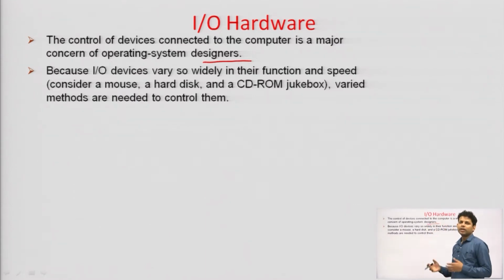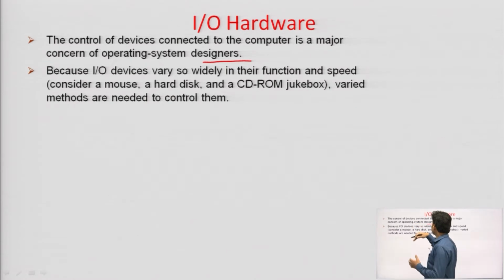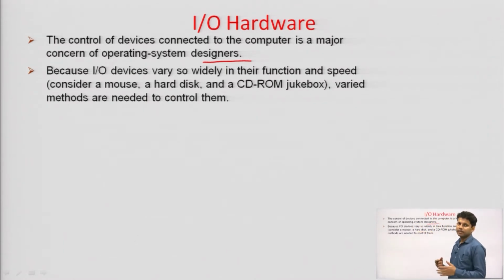Whenever an operating system is designed by programmers, the main thing is control of devices connected to the computer. What are those things connected to the computer? A keyboard, a mouse, a monitor. Controlling all these attachments is a major challenge for the operating system designer, because input output devices vary so widely in their functions and speed.